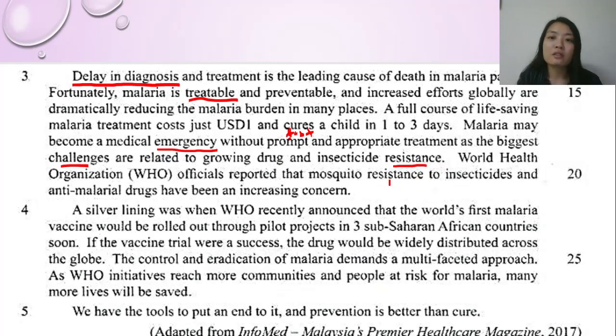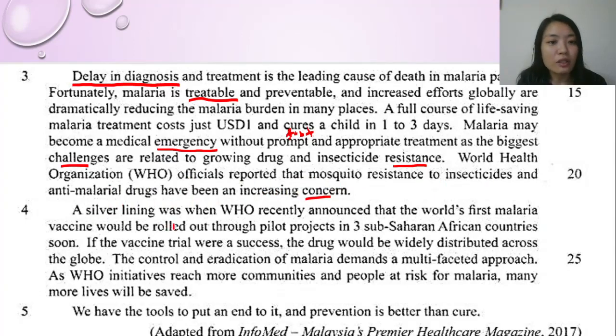That means the malaria parasites are becoming more and more resistant to the available treatments. It's becoming stronger. Even though we give the drug to kill it, it cannot be killed. Sounds scary, isn't it? World Health Organization officials reported that mosquito resistance to insecticides and malaria drugs has been an increasing concern. So they are concerned about it.